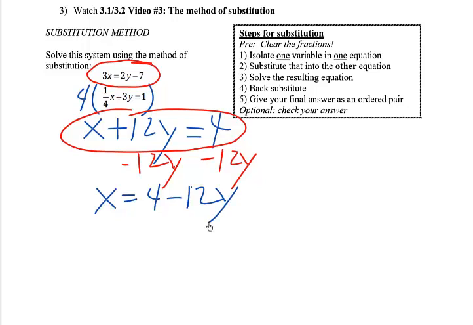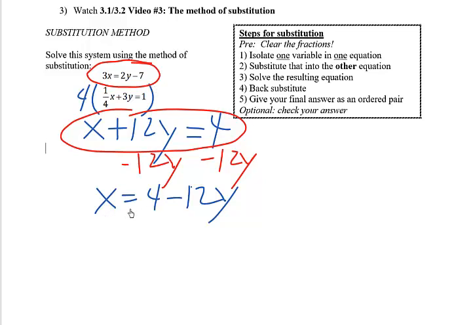Step 2 says now you're going to take that and you're going to substitute it into the other equation. Now that word other is very important there. You have to now take the expression you just got, go to the other equation, the one you hadn't used yet, and make a substitution. The idea is we just came up with a new name for the letter x.